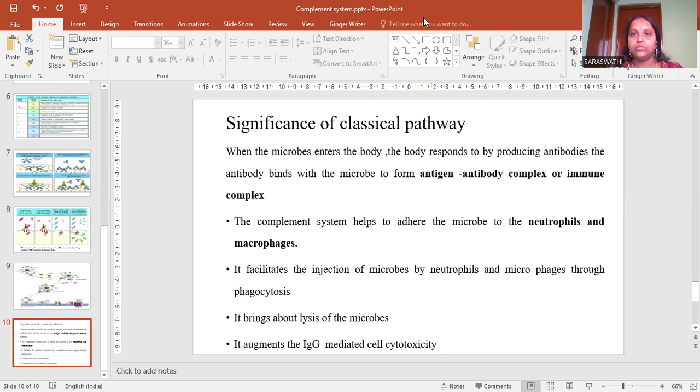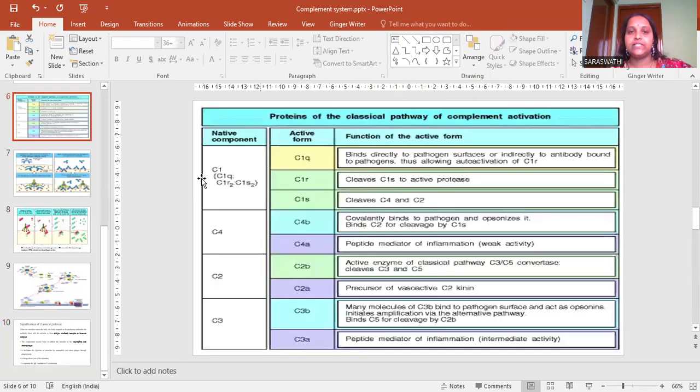So this is the entire pathway for complement system activity. This table represents the complement proteins involved in the classical pathway. They are C1, whose structure C1Q, R, S we discussed, and the remaining start with C4 cleavage and C2 cleavage.